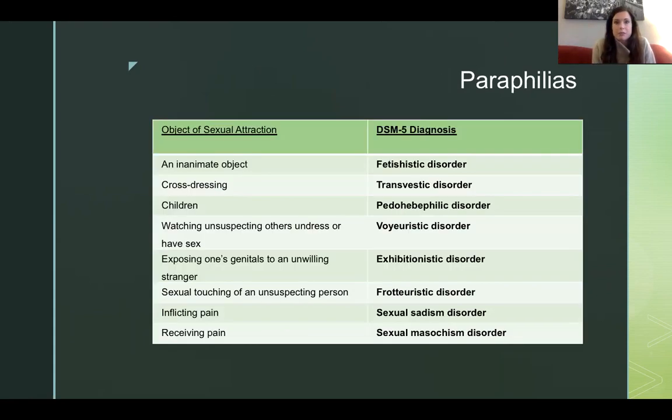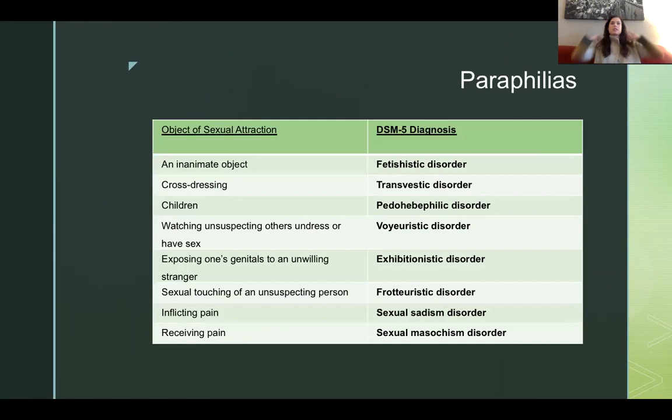So these are some of the paraphilias. We have fetishistic disorder, transvestic disorder, pedophilic disorder. Try saying that 10 times fast. Voyeuristic disorder, exhibitionistic disorder, frotteuristic disorder, sexual sadism disorder, and sexual masochism disorder.